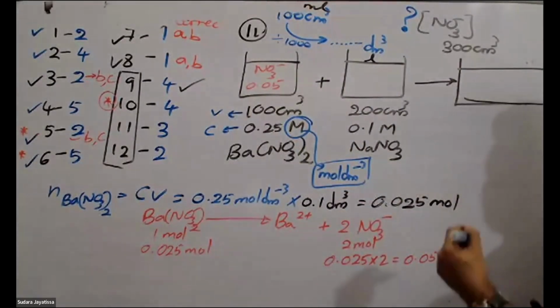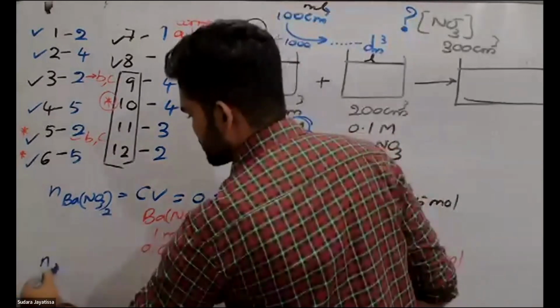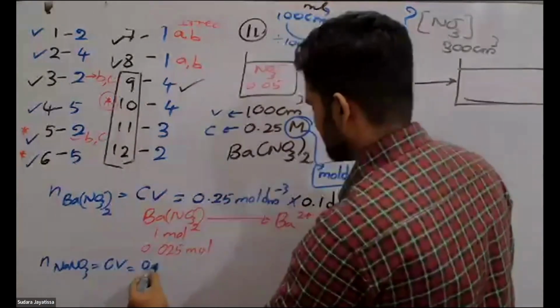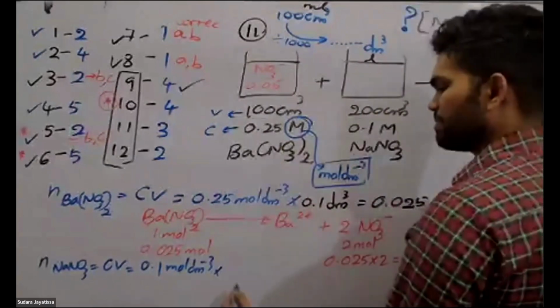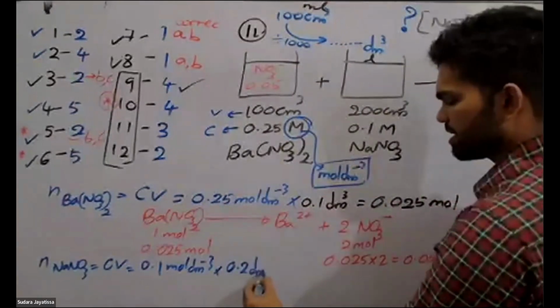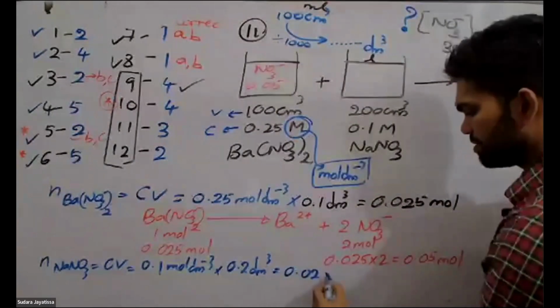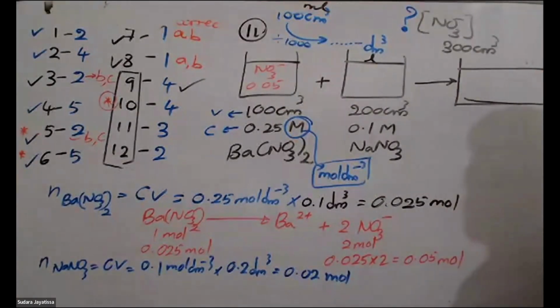Then you can work out in the same way, find the moles of sodium nitrate: concentration into volume, 0.1 moles per decimeter cube. Volume you can divide by 1000, it is 0.2 decimeter cube. You will be having 0.02 moles.